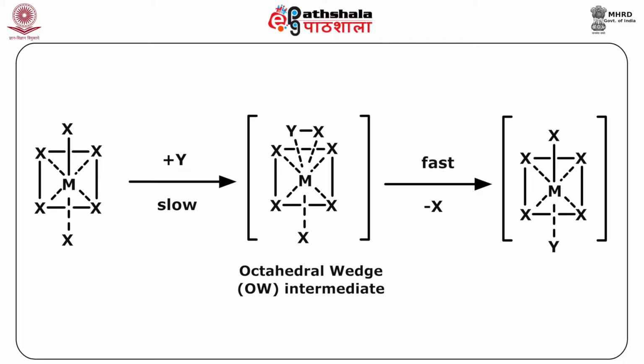Now we can have another possibility of intermediate in which nucleophile Y attacks through the middle of one of the trigonal faces. You can see it in the scheme. So nucleophile Y attacks through the middle of one of the trigonal faces of the octahedron, forming an octahedral wedge intermediate in which both the attacking group Y and leaving group X are present in equivalent positions, as given in the scheme.